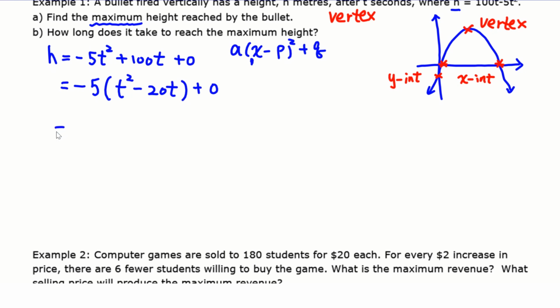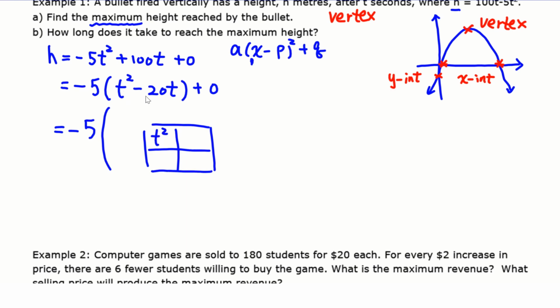So I will show you the box method. So -5, then bracket. We draw a box. So first term goes first, then -20, we split it, -10 into half. The reason why these two need to be the same is because when we do factoring, you will get the 2 factors, the number the same.